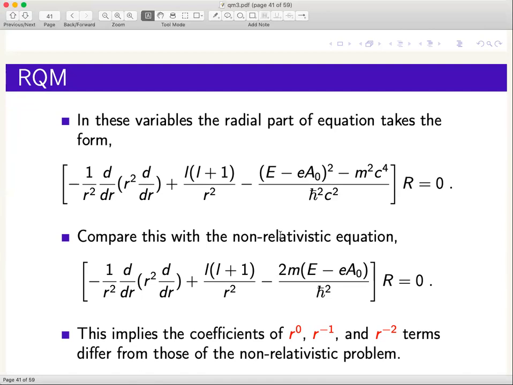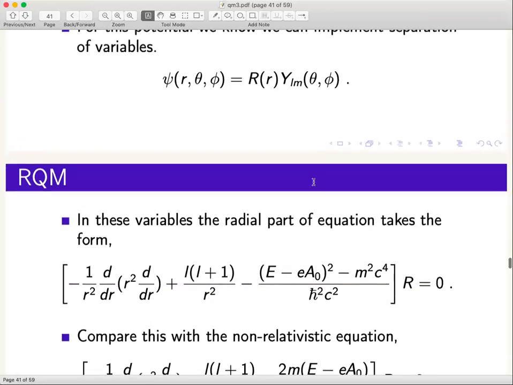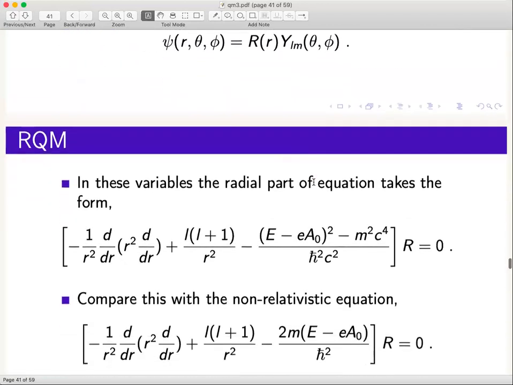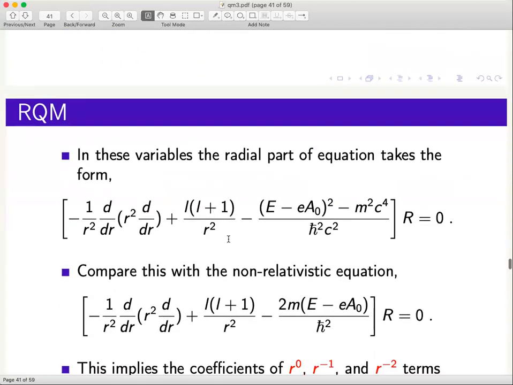Although it is a bit deceptive because I have not written A naught right now, as soon as I write down A naught to be minus Ze by r, then there is an A naught squared piece which contributes to a 1 over r squared piece here, because it will be Z squared e to the 4 upon r squared. So although this 1 over r squared piece looks the same as this one, the total 1 over r squared piece in the relativistic problem is different from the one that appears here.